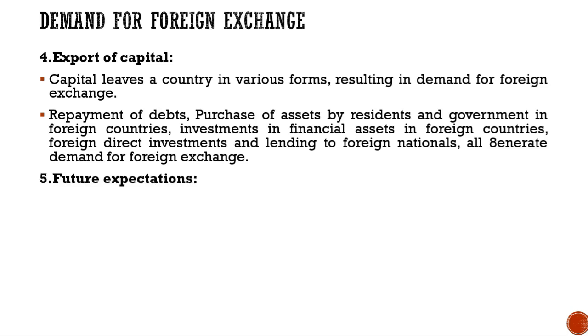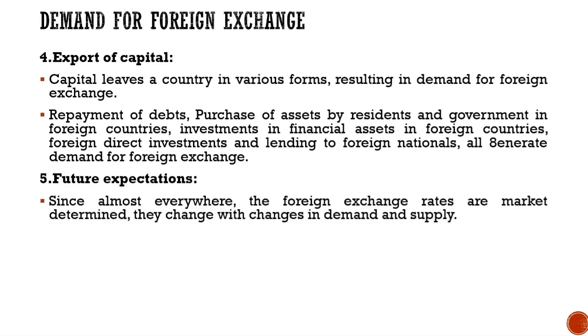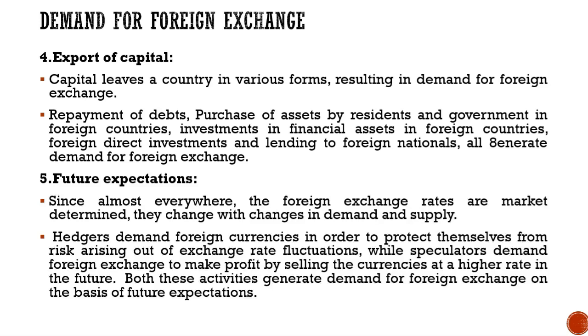Next is future expectations. Since almost everywhere the foreign exchange rates are market determined, they change with changes in demand and supply. Hedgers demand foreign currencies in order to protect themselves from risk arising out of foreign exchange fluctuation, while speculators demand foreign exchange to make profit by selling the currencies at a higher rate in future.